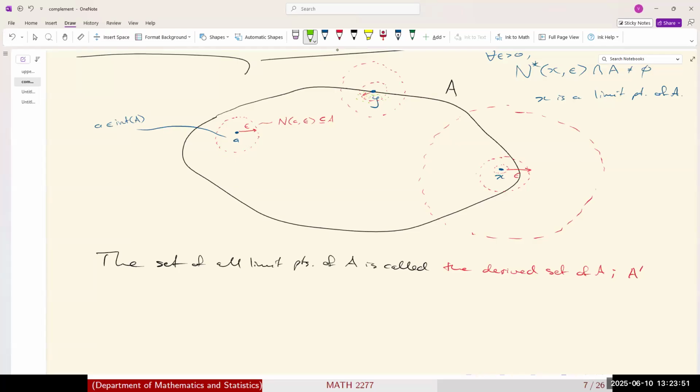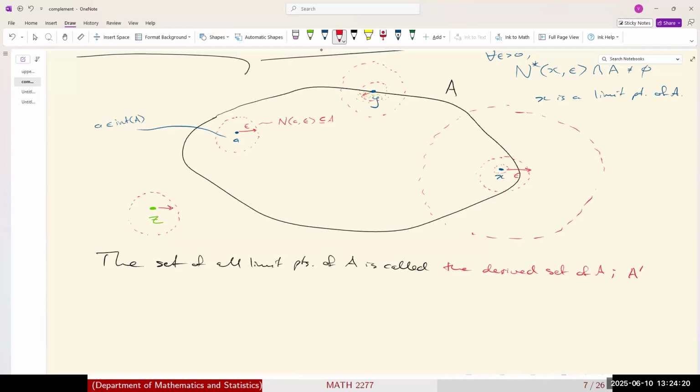Which point is not a limit point? What about this one out here? Let's call this point Z. Is Z a limit point of A? Well, again, what does limit point mean? Limit point means every neighborhood around Z must contain at least one point of A, not including Z. What about this neighborhood?